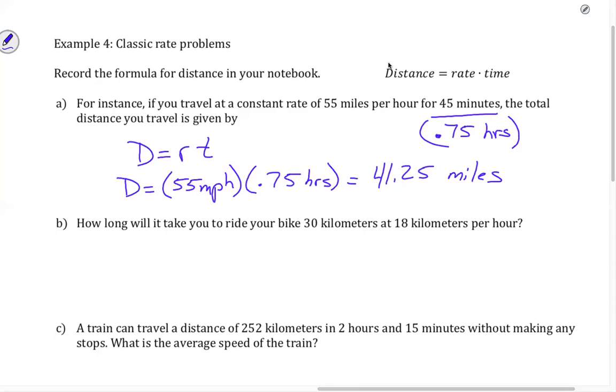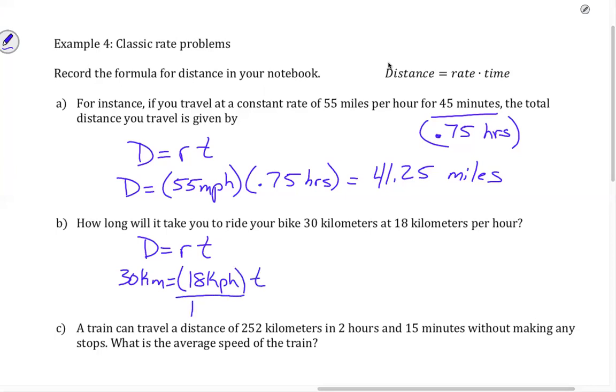Unreal. How long will it take you to ride a bike 30 kilometers at 18 kilometers per hour? So I have distance equals rate times time. So I have 30 kilometers, and my rate is 18 kilometers per hour. We'll do kph. All right, and I want to know how long.